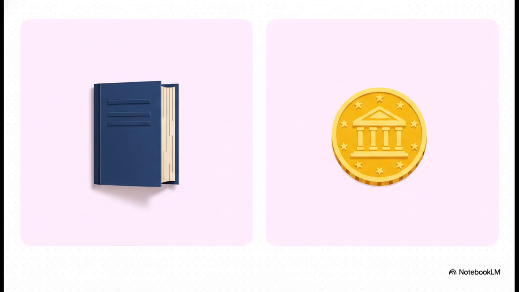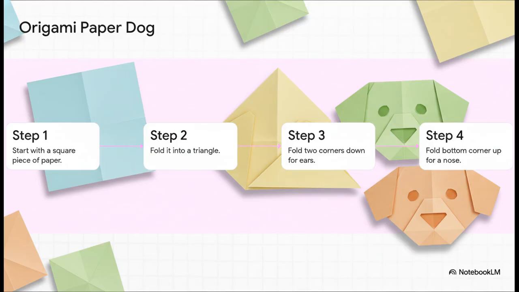To get a real hands-on feel for how corners and edges work, the chapter outlines this super clever origami exercise. We start with a flat, square piece of paper. Step 2, we fold it in half to instantly make a triangle. Step 3, we fold 2 corners down to make little ears. And finally, Step 4, we fold the bottom corner up to make a nose.